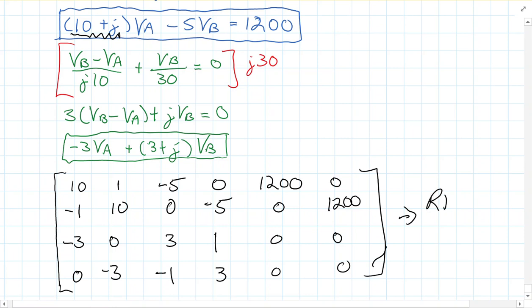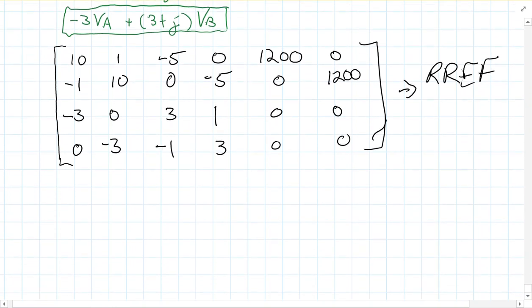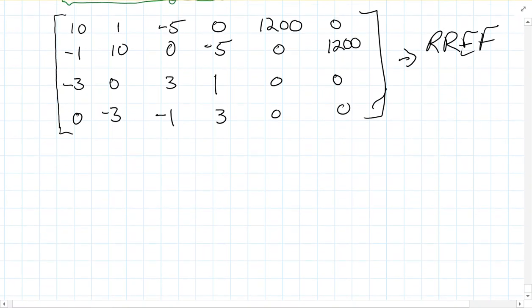And then again, you RREF this, and I'm going to pause the recording here. And when I get that, I'll just write down what I get for VA and VB.